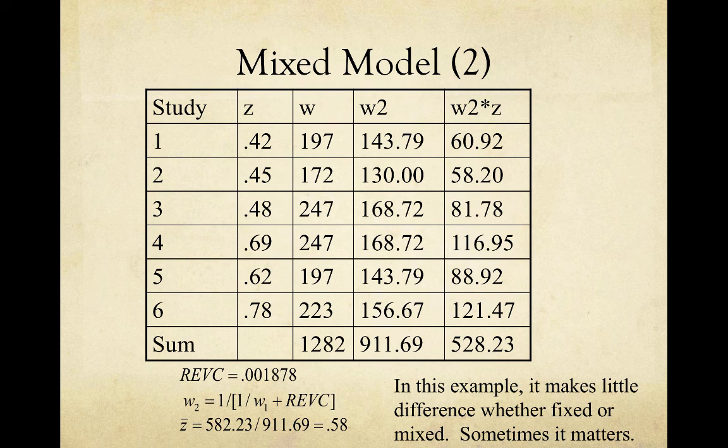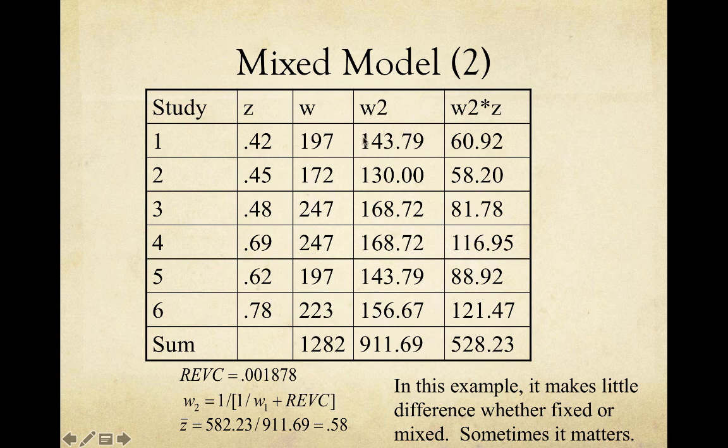All right, so what do we got here? Here we've got the random effects variance is 0.178, and the weights are 1 over the first one plus random effects variance. So if we do that, what do we got here? Here's our weights. So our initial weight was 197.